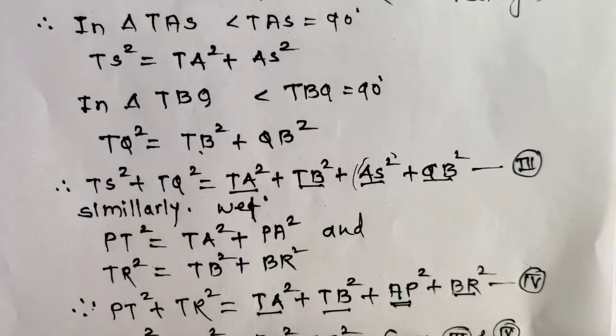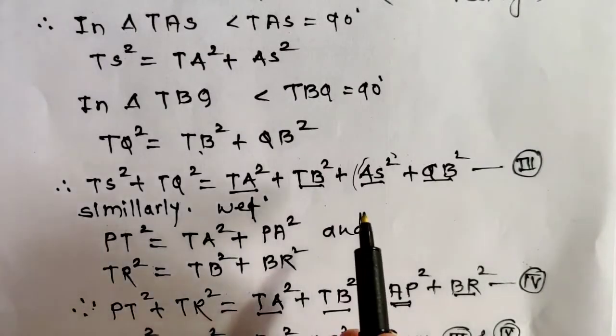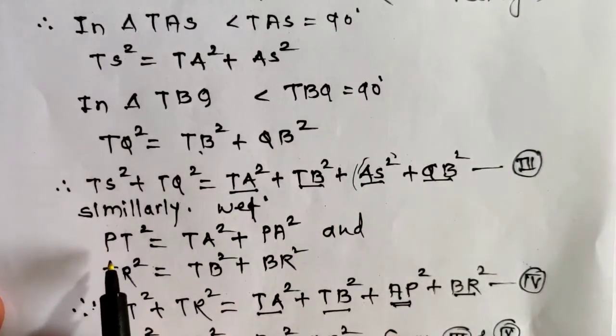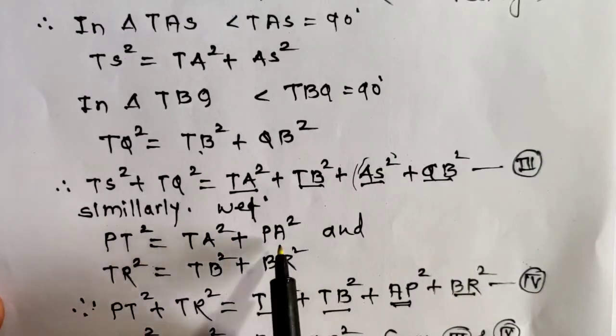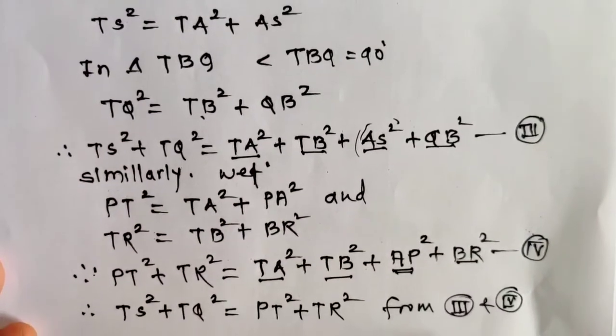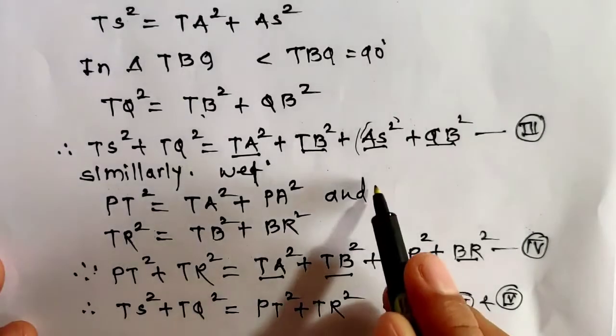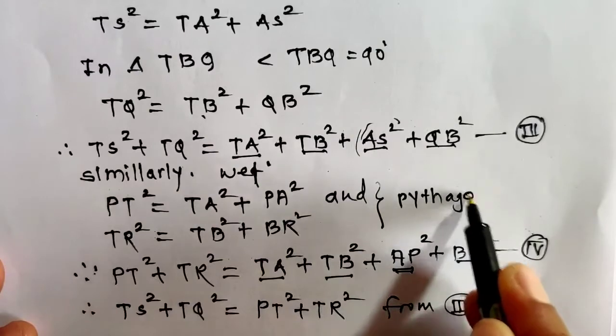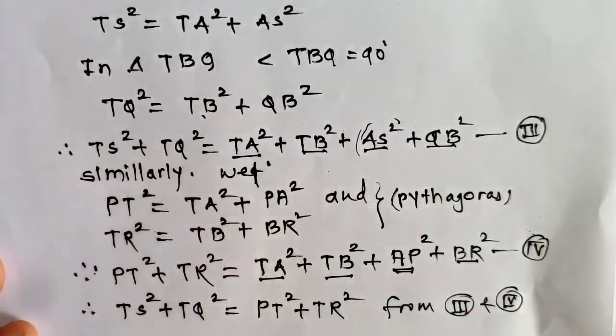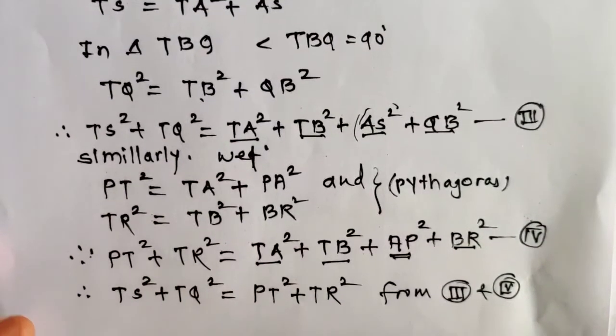Similarly, use Pythagoras in triangle PTA, we get PT square is equal to TA square plus PA square, by Pythagoras theorem. TR square is equal to TB square plus BR square, the reason is Pythagoras theorem. Now add both, PT square plus TR square.